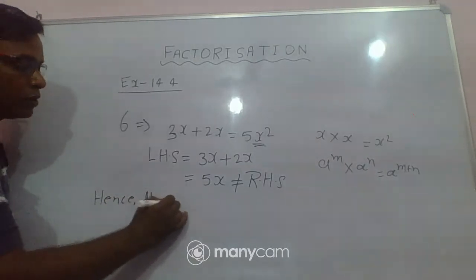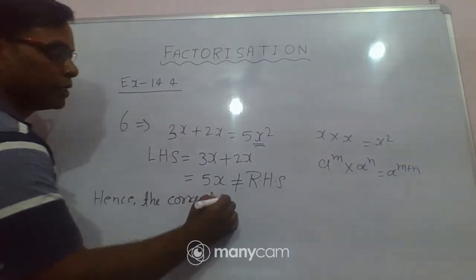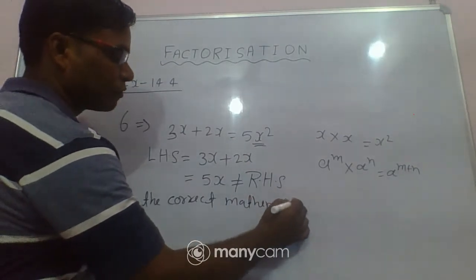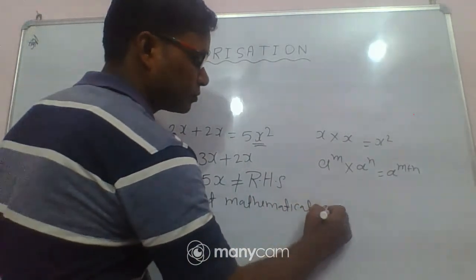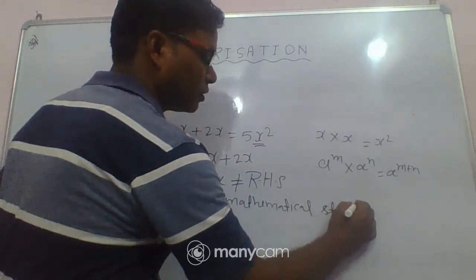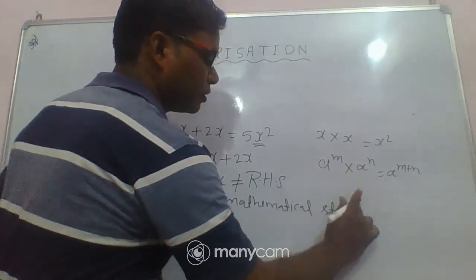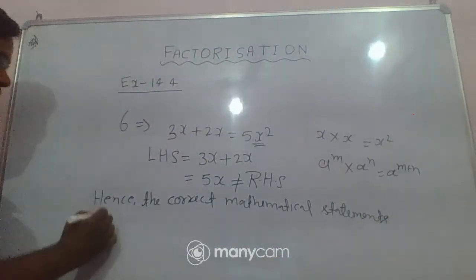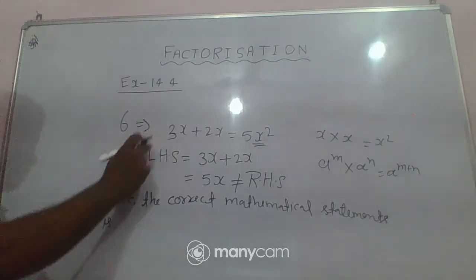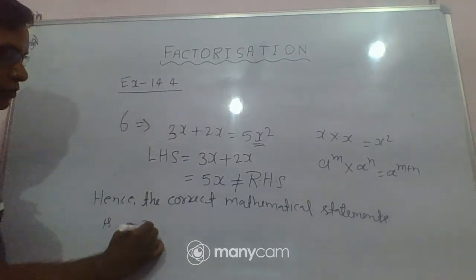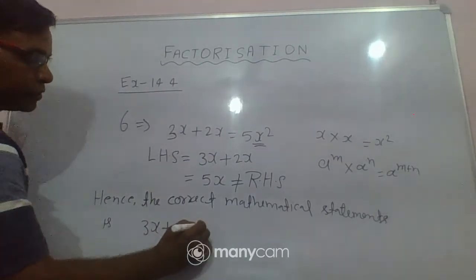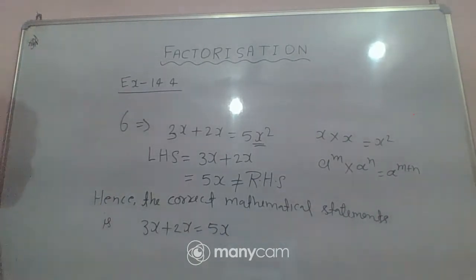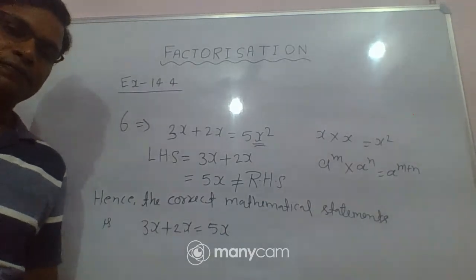So what is the correct statement? Hence you can write here, hence the correct statement: so this is the correct, you can write here 3x plus 2x is equal to 5x.